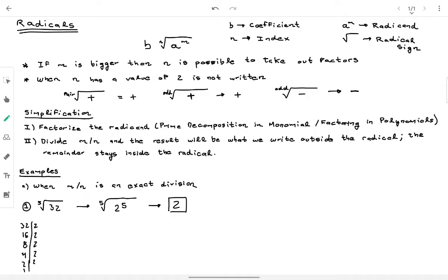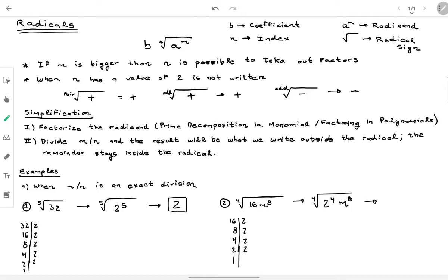Let's see another exercise. We have the fourth root of 16 m to the 8. We need to decompose the 16: 8, 4, 2, 1. So we can write this as the fourth root of 2 to the 4 and m to the 8.